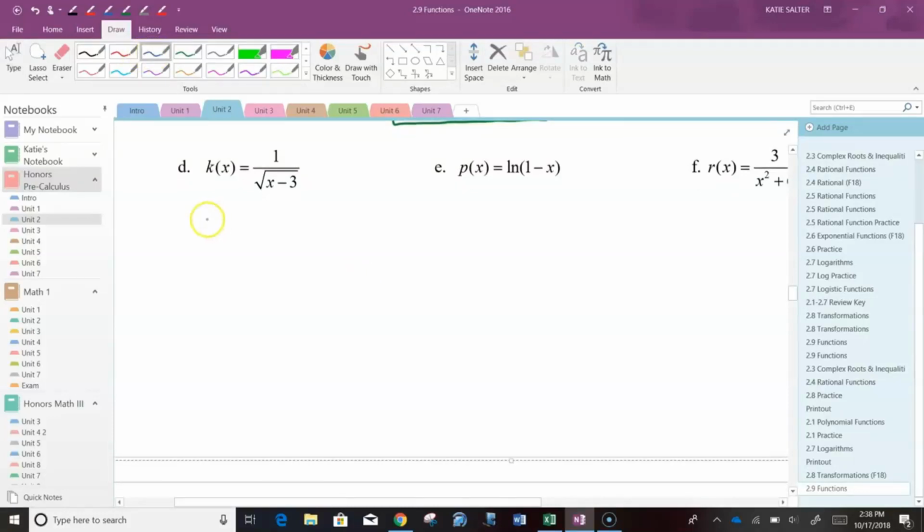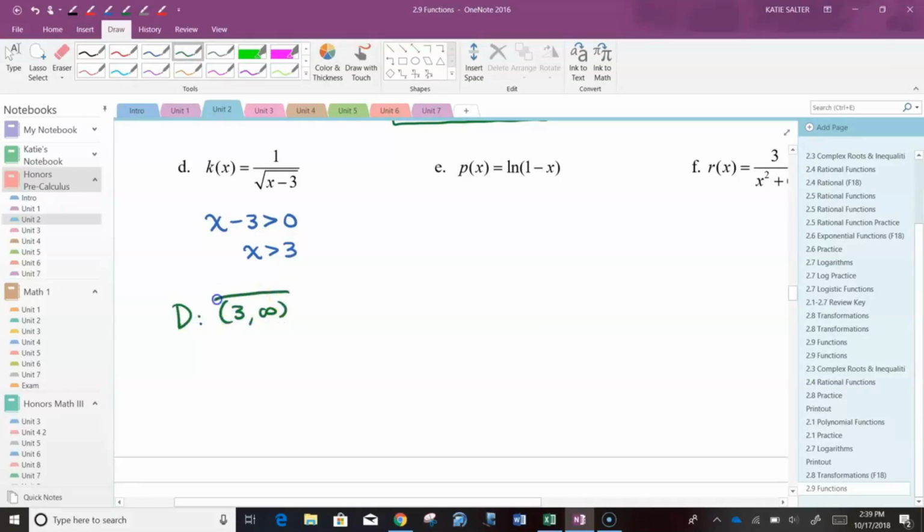So if we put those two things together, x minus 3 has to be just greater than 0. It can't be negative and it cannot equal 0 since it's in the denominator. This is just a linear inequality, so we would add 3 to the other side, therefore x must be greater than 3. Our domain would be from 3 to infinity, not including 3.